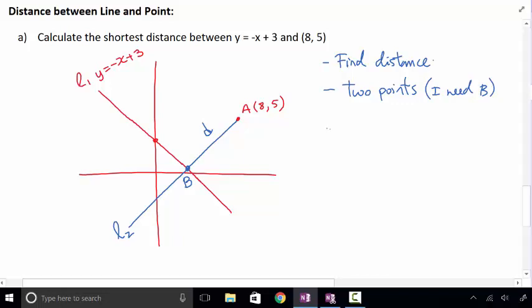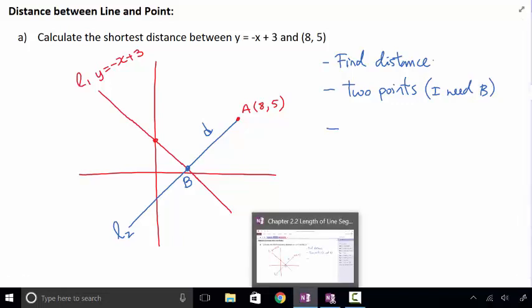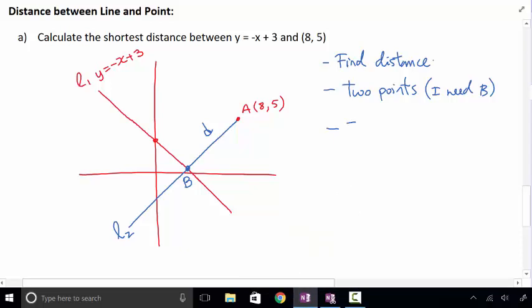Okay? Now, listen very carefully. To find 2 points, mainly B, because that's the one I need, I have A already. Tell me what B is. Oh, very good. So what I need to do is find the point of intersection of line 1 and line 2.